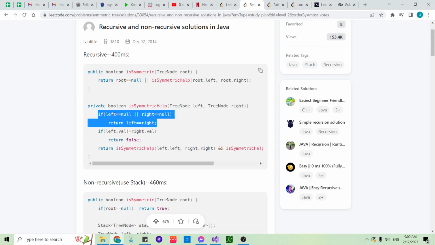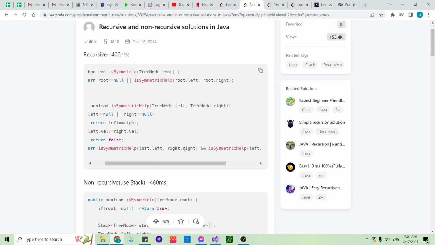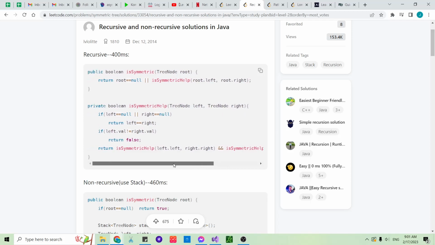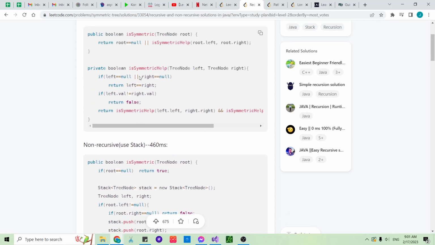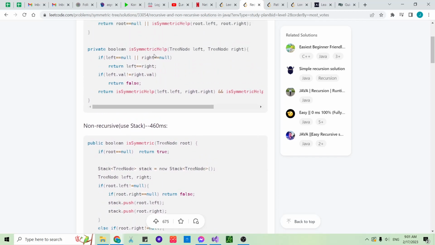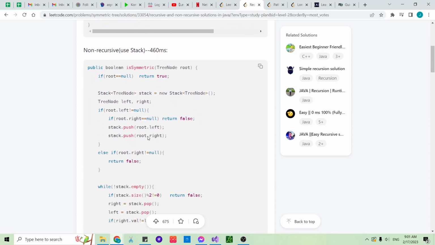So that is a little smarter way to handle the case when one of them is null. Okay, so also return that and that instead of writing out and assigning 2 extra variables like I did. So the idea is the same, more compact code.